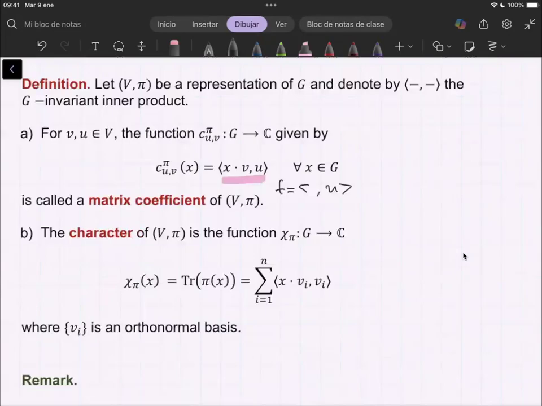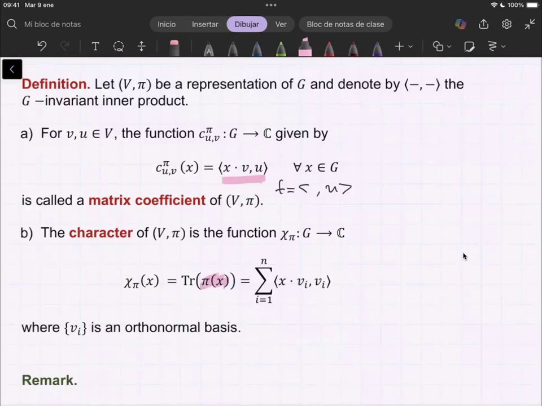So another important tool that we have in representations is called the character. What is the character of a representation? It's just given by taking the trace of the linear maps, okay? So for any x in the group, we take the linear map pi of x.